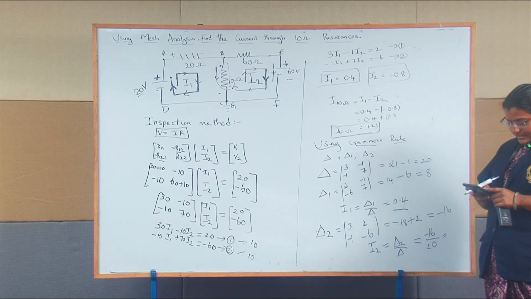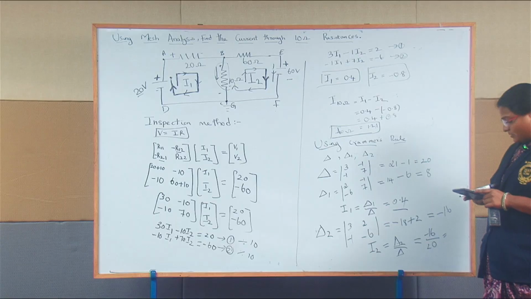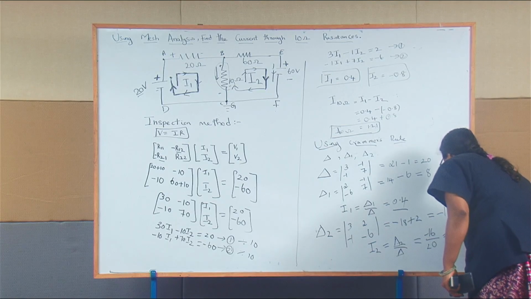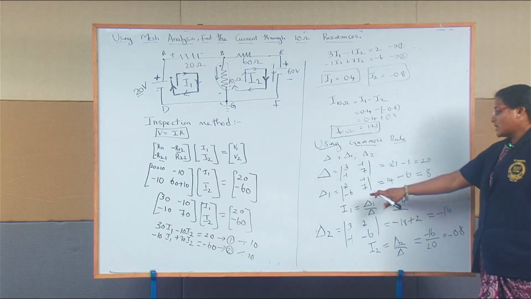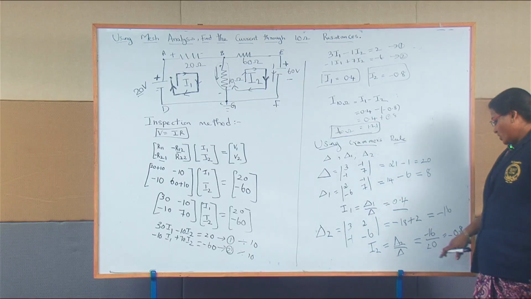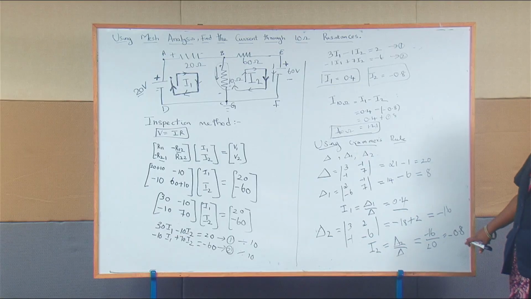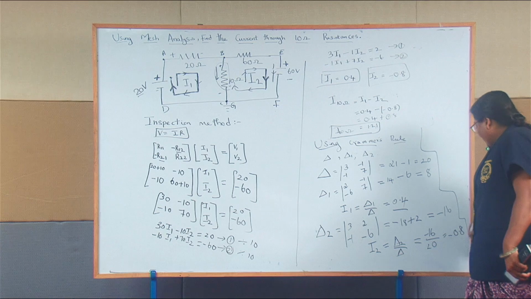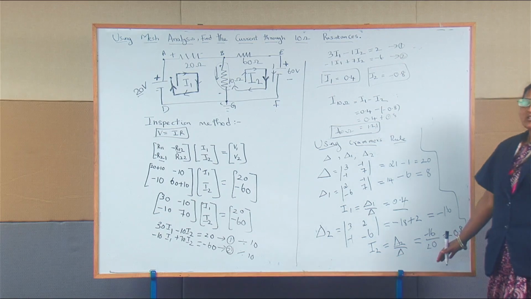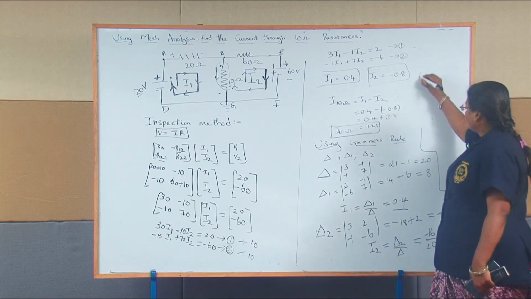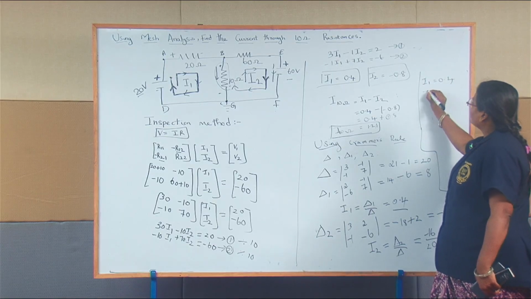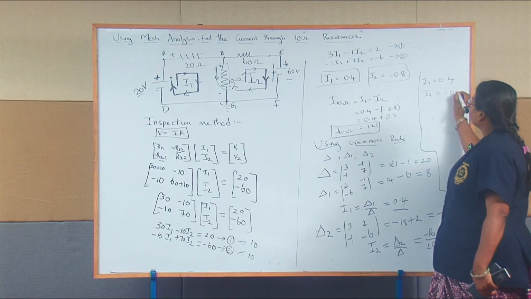So minus 16 divided by 20 equals minus 0.8. So I got I1 as 0.4 and I2 as minus 0.8 using Cramer's rule. So in all the methods, the answer is the same. I1 equals 0.4, I2 equals minus 0.8.